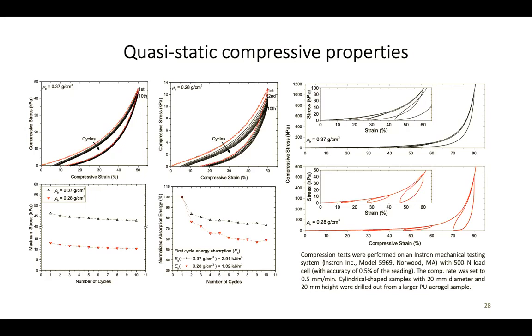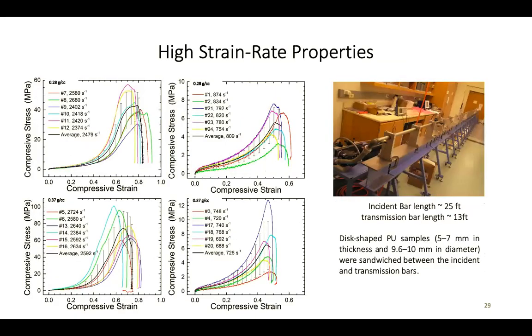Next slide, Dr. We also considered high strain rate properties for this aerogel using Hopkinson pressure bar, and these are different trials regulating the strain rate at about 2,500 more or less with 2 cases, and about 1,000 or 800 per second for most cases.